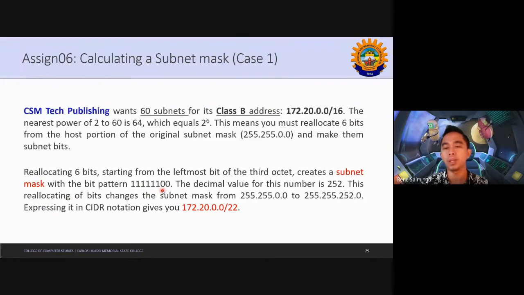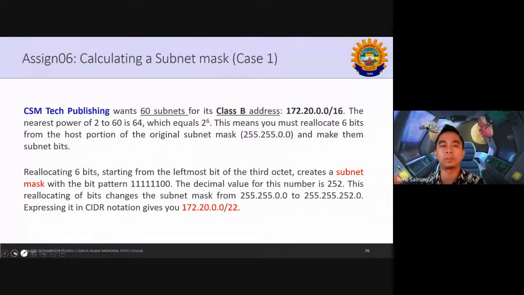11111100. So meaning, what will happen? This would now be 255.255.252.0. If you have this as your third octet in your subnet mask, you put this on your subnet mask and this becomes /22. Now you have this CIDR notation. Now, after this, you try to calculate for the values.